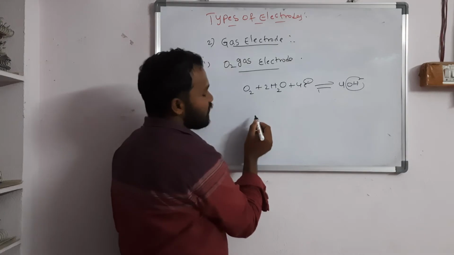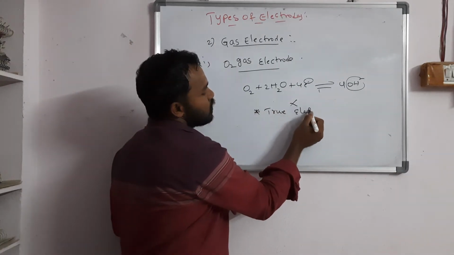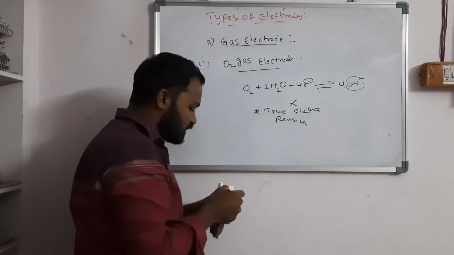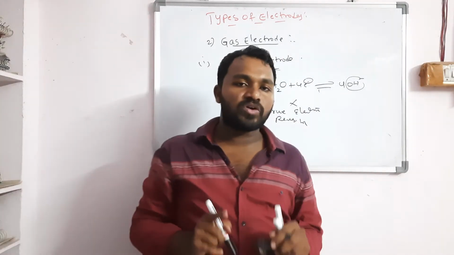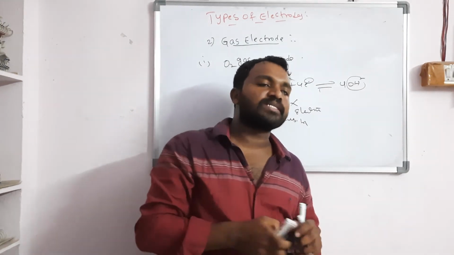So this does not behave as a true reversible electrode. This is about the gas electrode. In the gas electrode, we discussed the hydrogen gas electrode, chlorine gas electrode, and oxygen gas electrode.